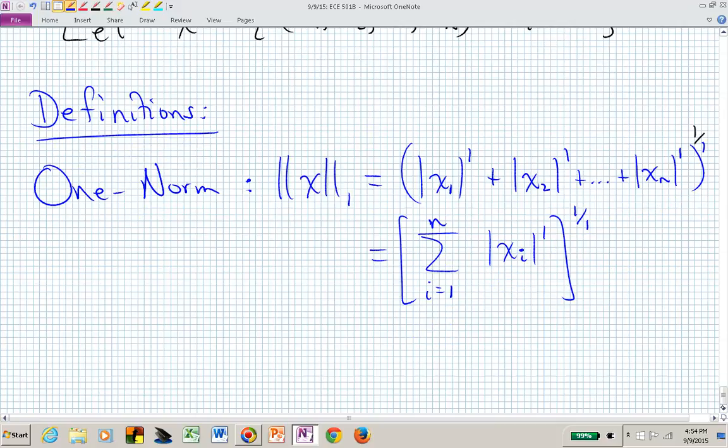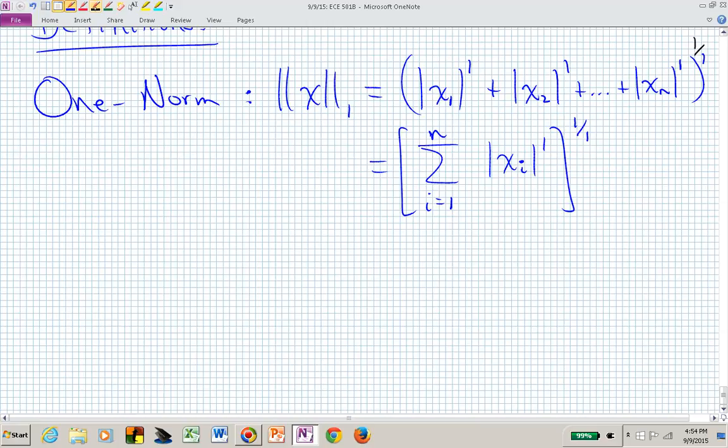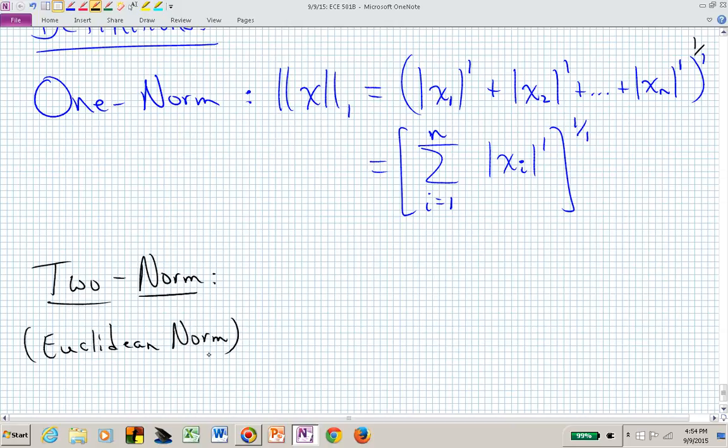What's the two norm? If we can now generalize that idea, I hope that you can see maybe how we could construct or build the two norm. And in fact, this one is the one that we're probably more used to. This is the distance norm, or the Euclidean norm, that you're probably more used to, especially in two-dimensional space. This is the Pythagorean theorem, kind of.